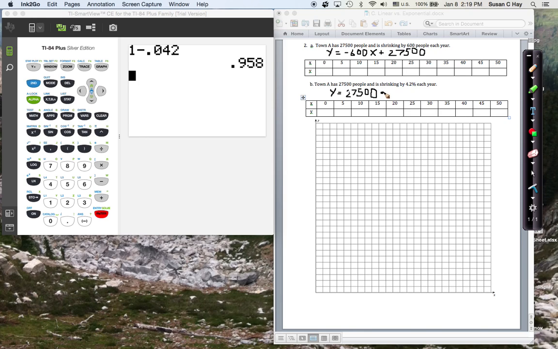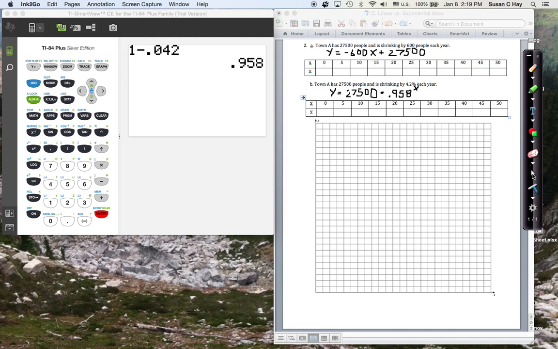Here it means decreasing. 1 minus 4.2%, or 1 minus 0.042, which is 0.958. There's my base, to the power of x. It's being multiplied over and over again by this number that's smaller than 1, hence it is shrinking.